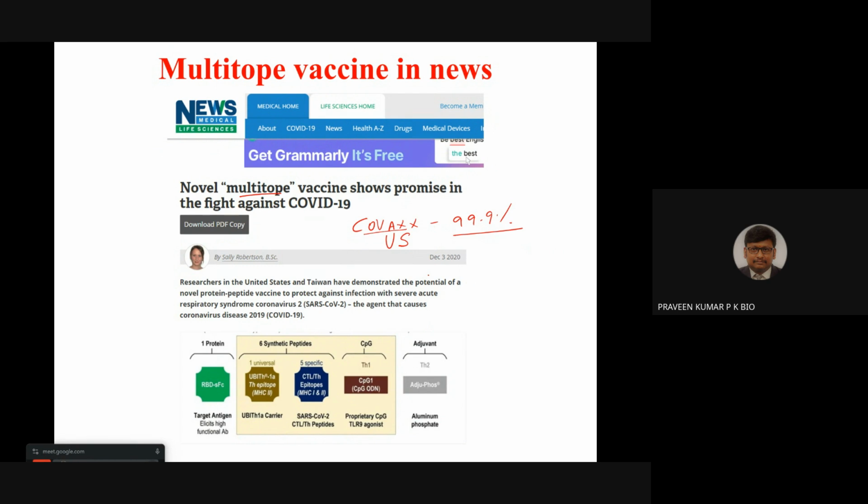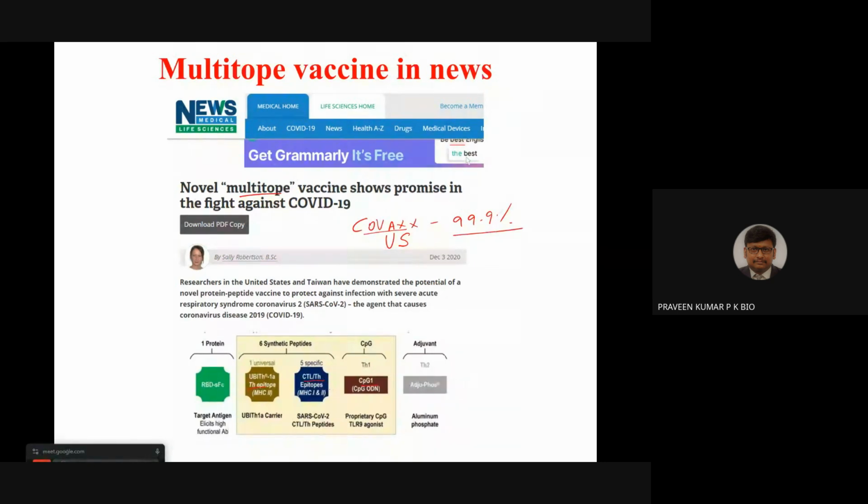Even though we have RNA vaccines and recombinant vaccines, why do we have to bring this kind of peptide-based vaccine? The best example you can find here. If you see this, we have a T helper epitope, cytotoxic T lymphocyte epitopes of MHC1 and MHC2, and CpG, and this is also tagged with one receptor binding domain of a structural fragment of spike glycoprotein. So we have multiple peptides linked.